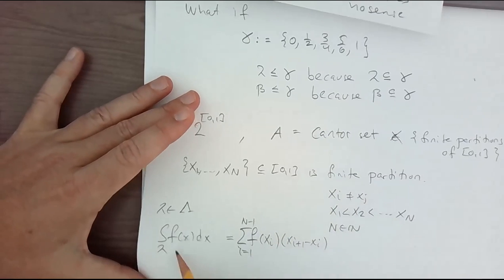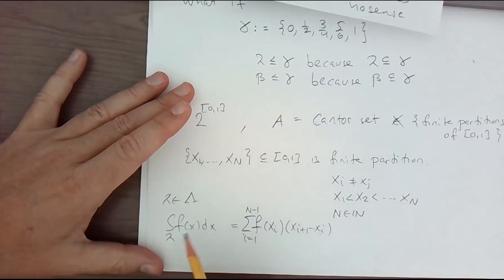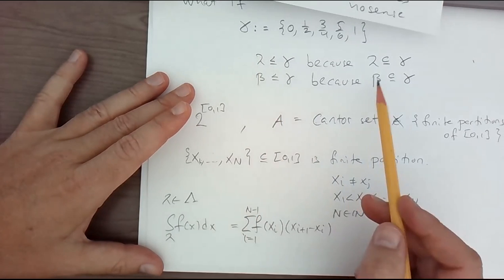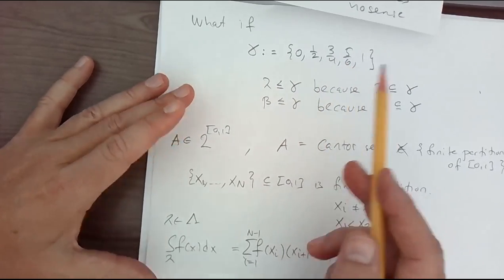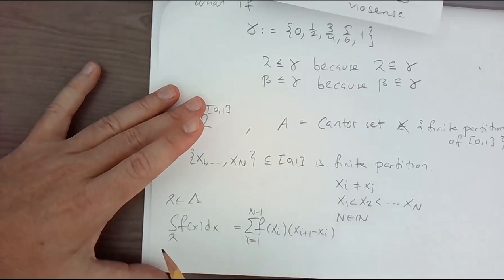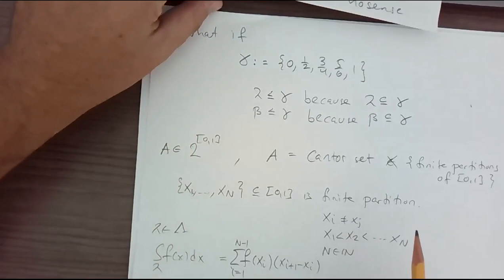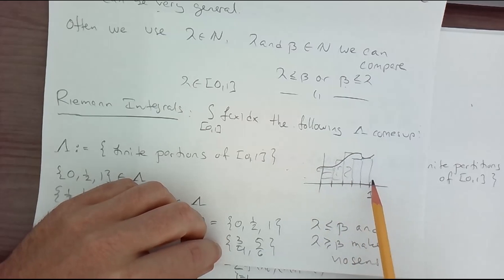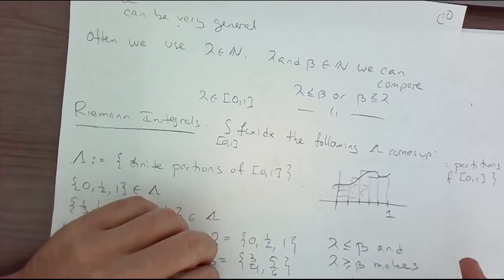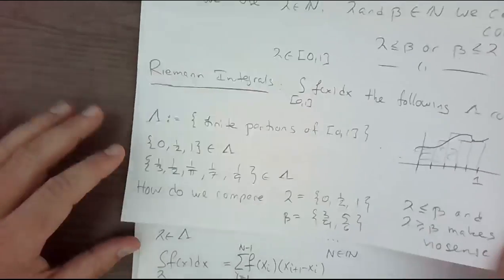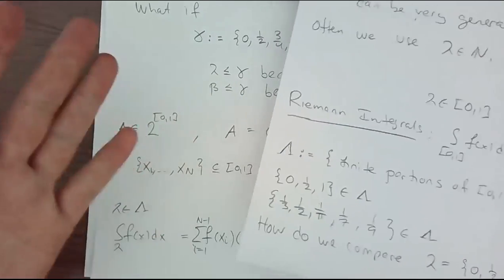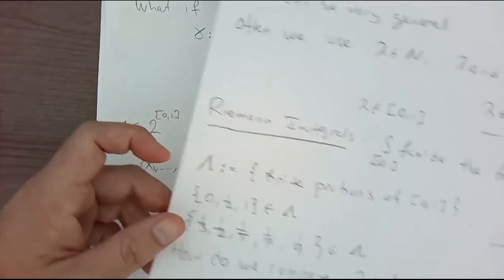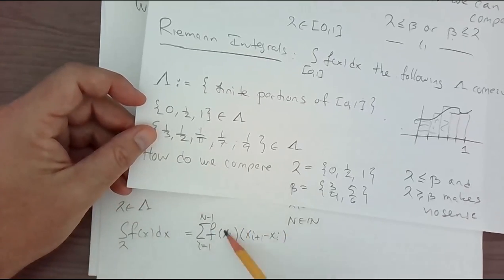And then you could have this property over here by inclusion. If I would have a finer partition, so beta is not finer than lambda, right? But gamma is, because I have more points inside here. So there's going to be some structure, and you can see how these partitions play well with integration, simply because I put out the partition down here and just compute the area of these rectangles. I wouldn't know how to do that if I would take an arbitrary subset of the interval 0 to 1 and then perform integration like this. I wouldn't be able to write this as a sum.